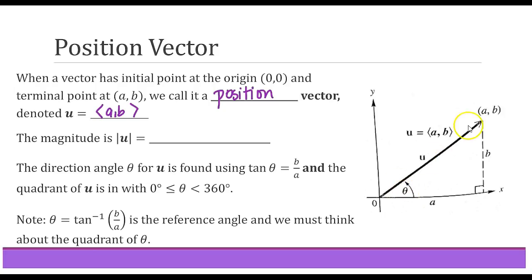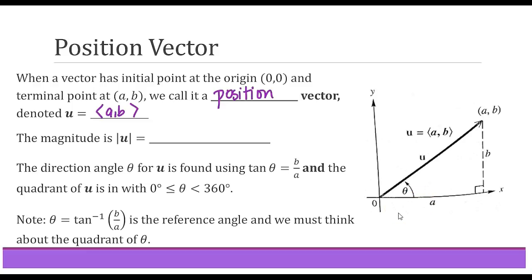Now regarding this position vector u, we're interested in its magnitude, which looks like the vector u inside of these bars. The magnitude is, of course, the length. I've actually constructed a right triangle, so to find the length of the hypotenuse, we use the Pythagorean theorem.